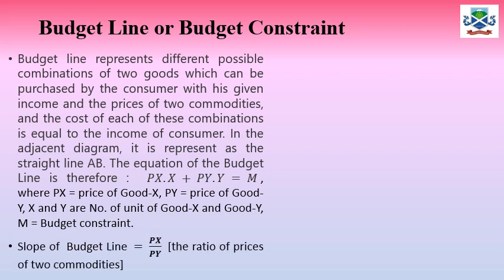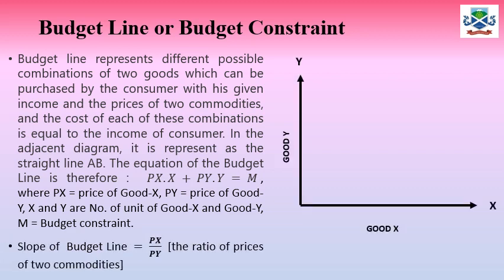In the adjacent diagram, you will find that the budget line is depicted, one straight line AB, which gives you the combination of two commodities that the consumer can afford to buy from the given money.